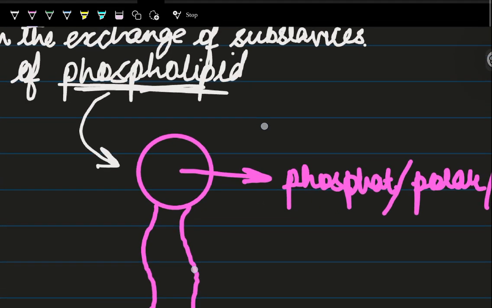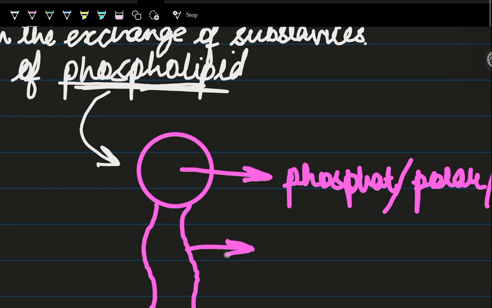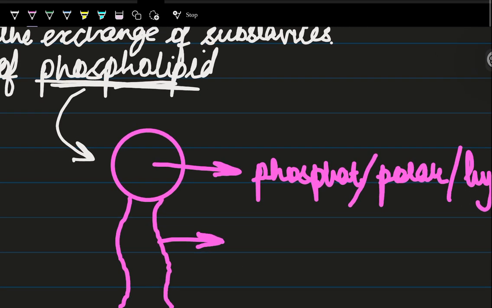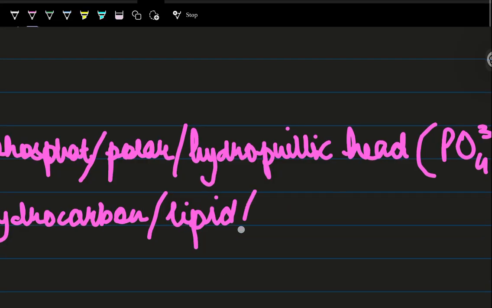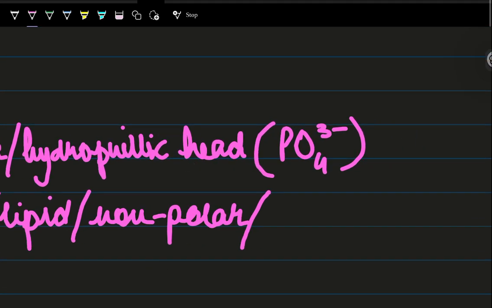And the second part is the tail. The tail is made up of hydrocarbon, or we can call it the lipid tail, or the non-polar tail, or the hydrophobic tail.